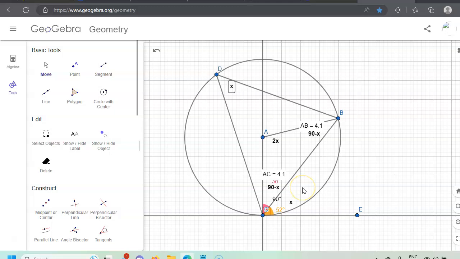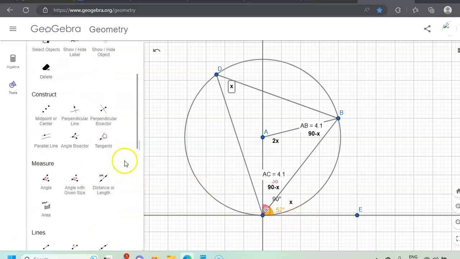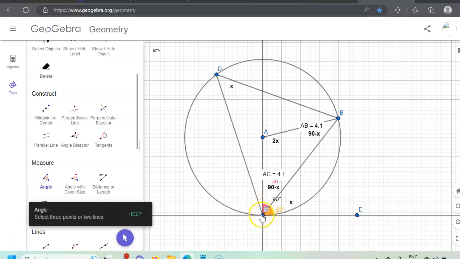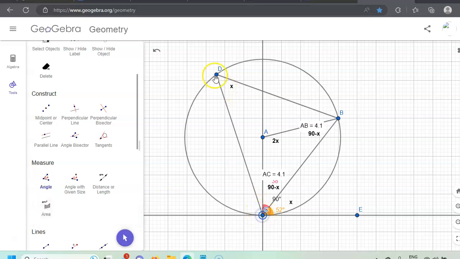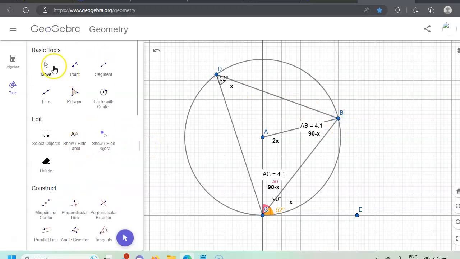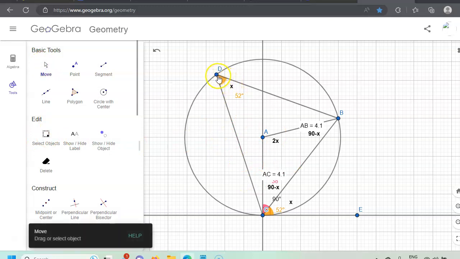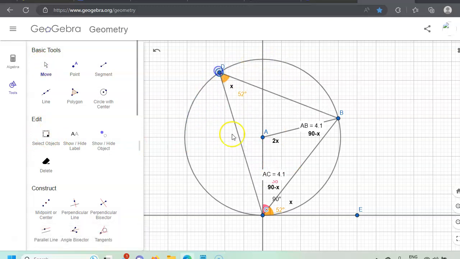That is the angle formed with the chord CB and the tangent line. Okay, so x is 52. So let's see if indeed the angle at the alternate segment is 52. So CDB, yes, it's 52. Right, so we just have shown again that the angle formed with the chord CB and the tangent line will always be equal to the angle at the alternate segment.